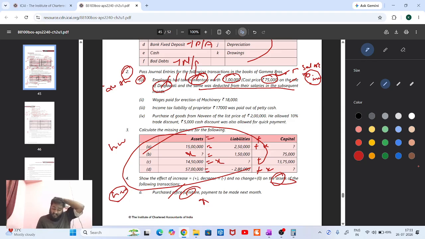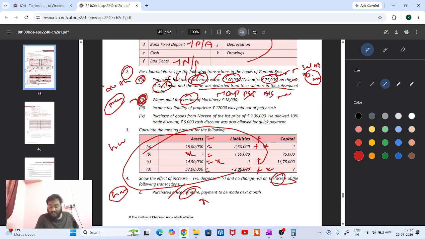Wages paid for erection of machinery. Here they have taken a presumption that it is of capital nature, capital expenditure. Whenever there is capital expenditure, it does not go in the profit and loss. It goes in the balance sheet.